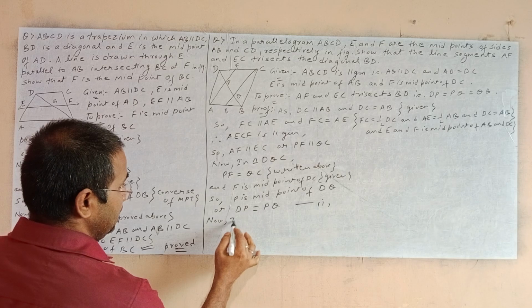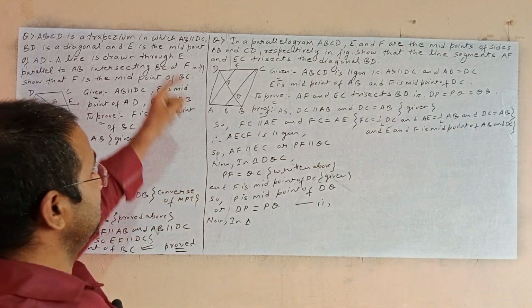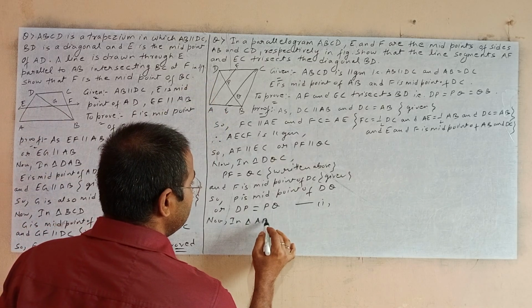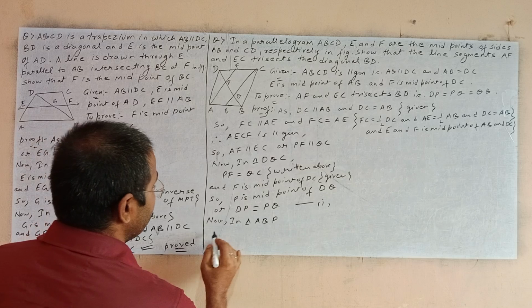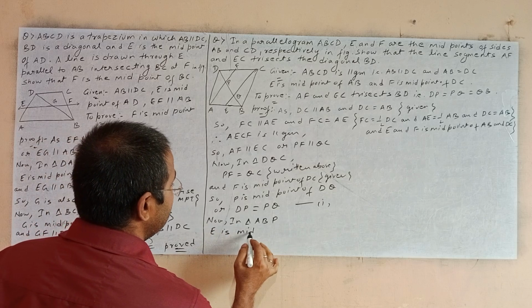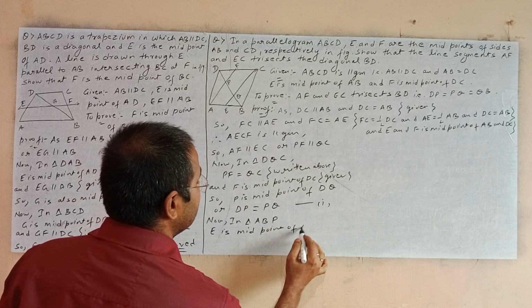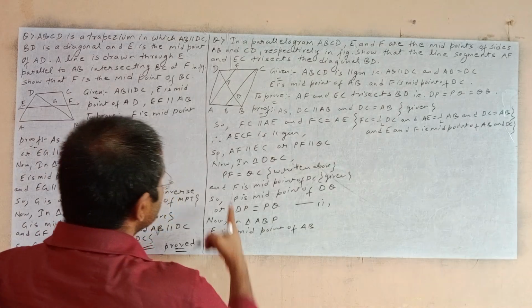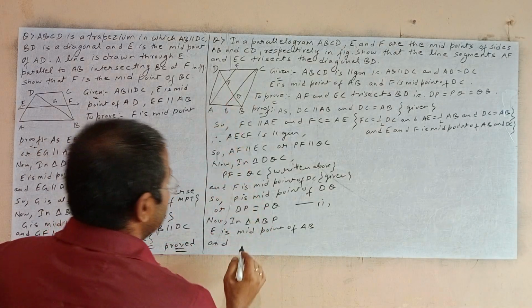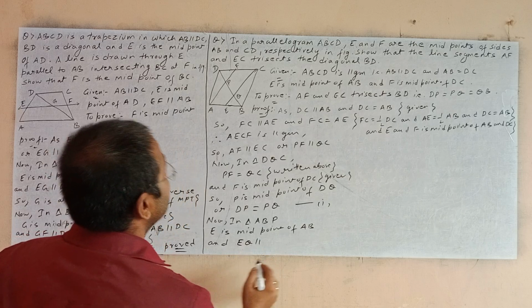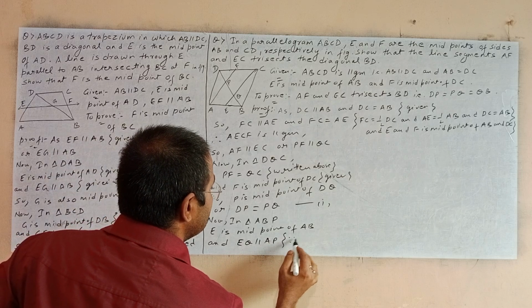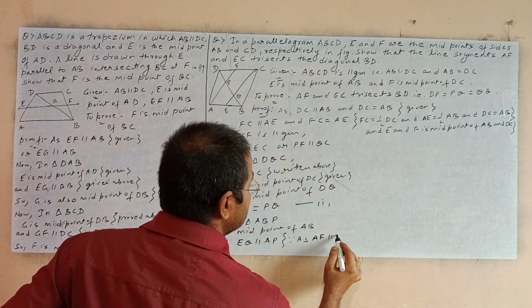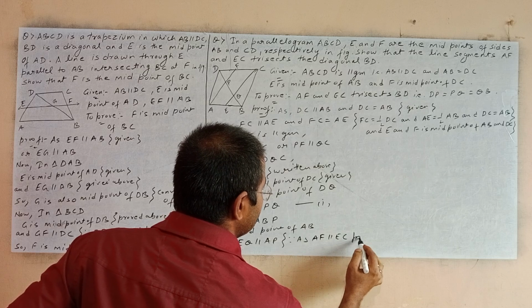Now in triangle ABP, E is the midpoint of AB, and EQ is parallel to AP, because AF is parallel to EC, proved above.